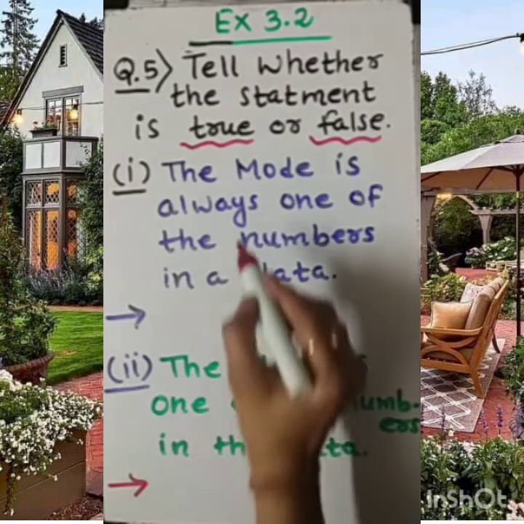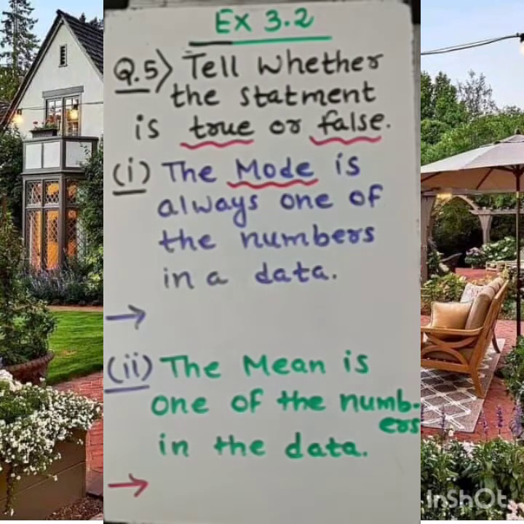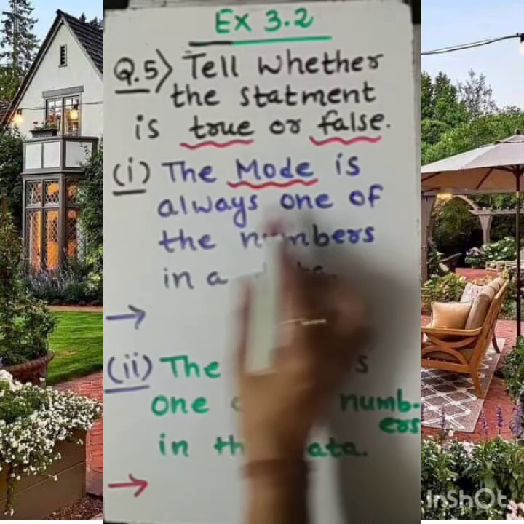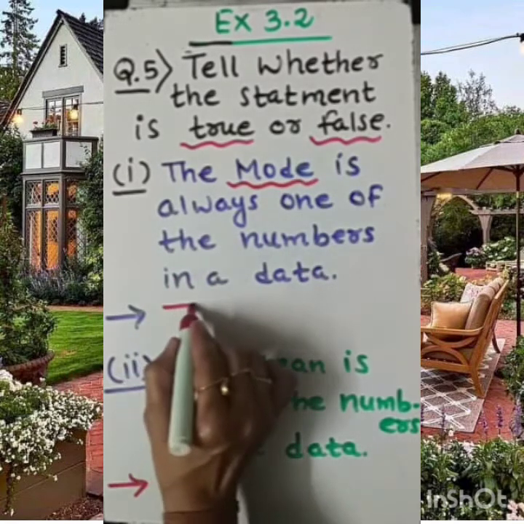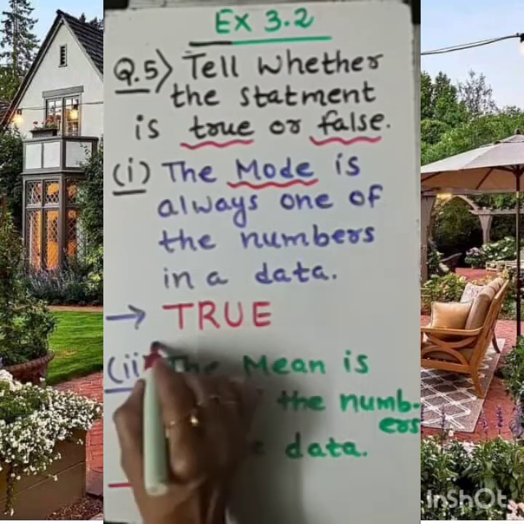We know very well, dear student, when we have done the examples of question 1 to 4 in exercise 3.2, we have studied while observing that we are choosing the same number or observation as a mode which is present already in the given data. So yes, we can say this statement is true. So I need to mention only TRUE under this.